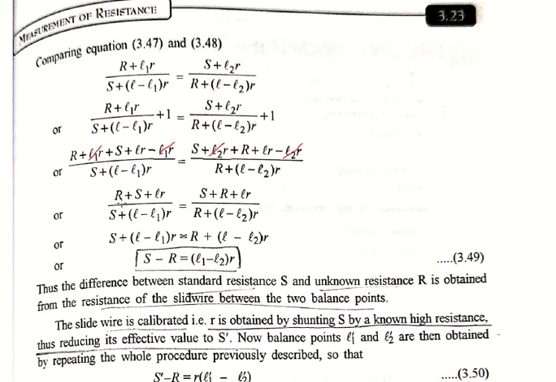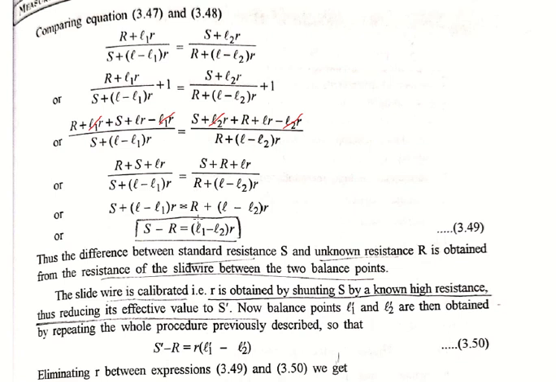So we have R plus S plus L r divided by S plus (L minus L1) r equals S plus R plus L r divided by R plus (L minus L2) r. The numerators are equal, so they cancel out, and finally in the denominator we get S plus (L minus L1) r equals R plus (L minus L2) r. Taking the terms together, L r cancels out, and our equation comes out to be S minus R equals (L1 minus L2) r.